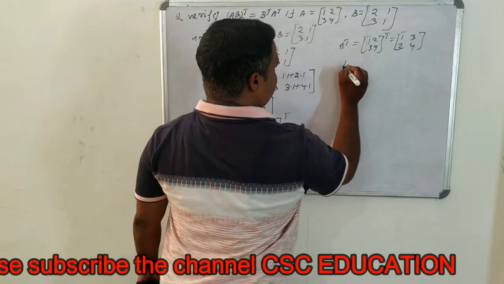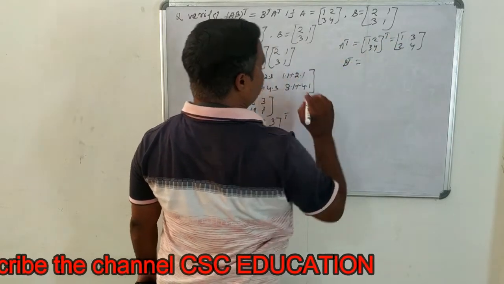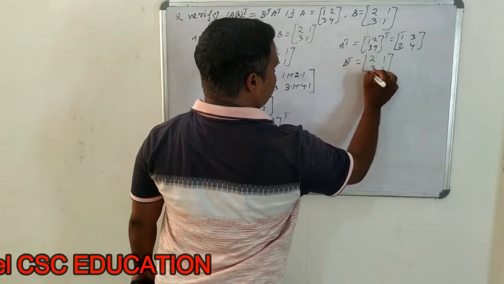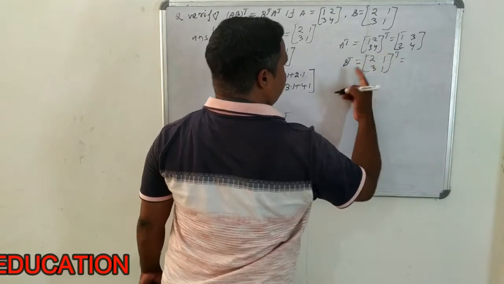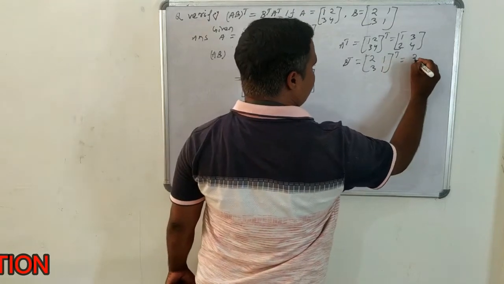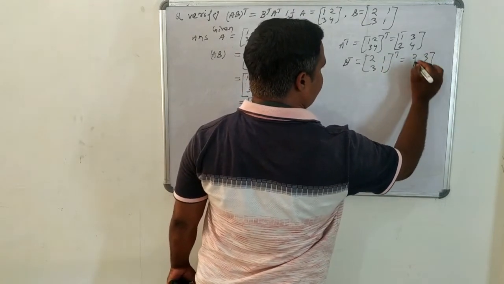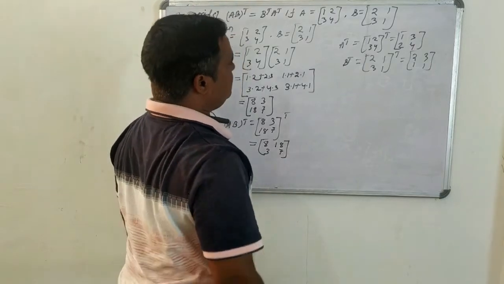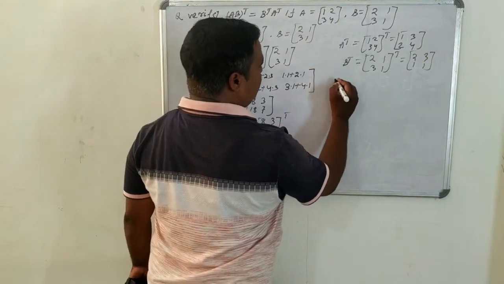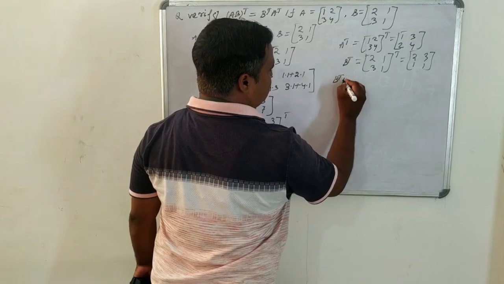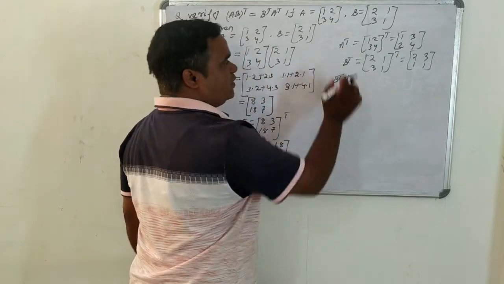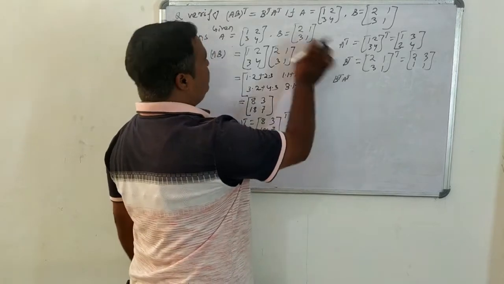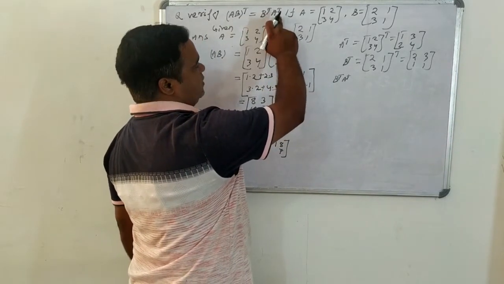Then B transpose: B is 2, 1, 3, 1, so its transpose is 2, 3, 1, 1. Next, B transpose multiplied by A transpose. Here it is not A transpose first and then B transpose; firstly B transpose, then A transpose.